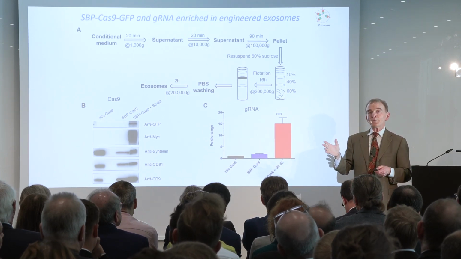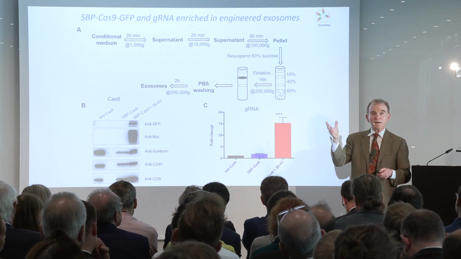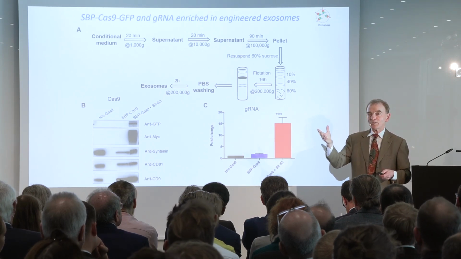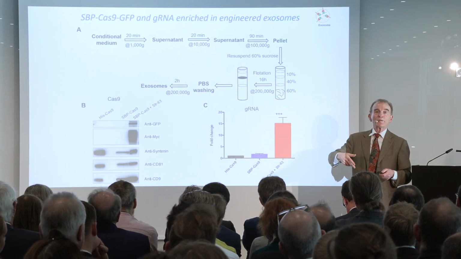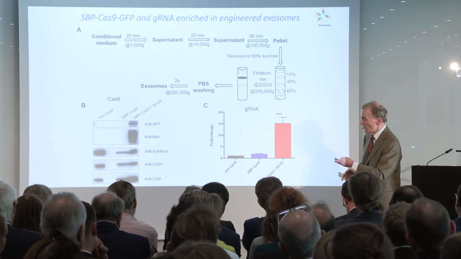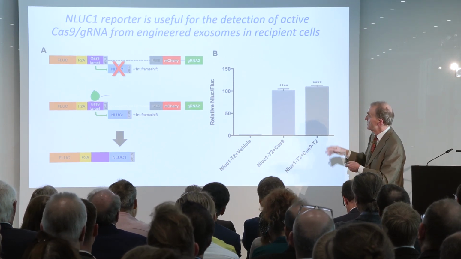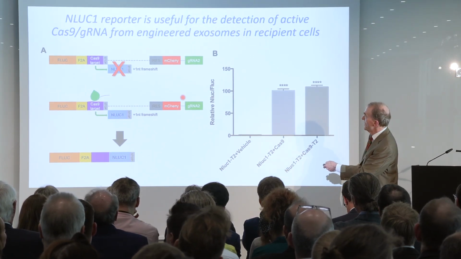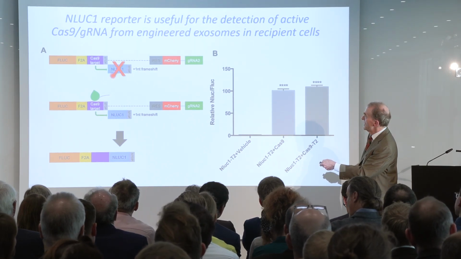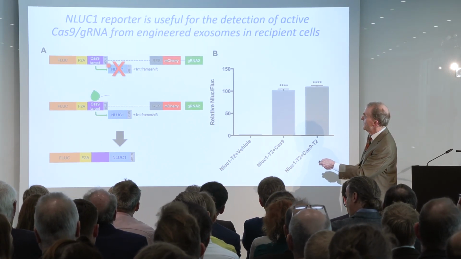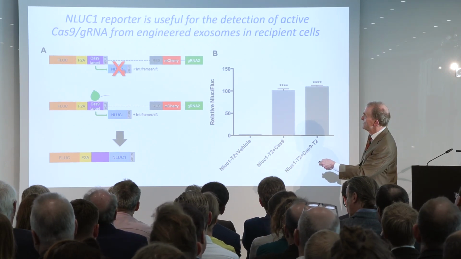Now, on the other side, Zhongyan had to build a reporter that would allow the detection of enzymatically active Cas9 to edit the genome to produce a signal that could be measured easily. And the logic of his construct is shown here. Reduced to its simplest form, he introduced a crippled form of N-luciferase that had a stop codon introduced in the coding frame upstream of the coding sequence of the gene.